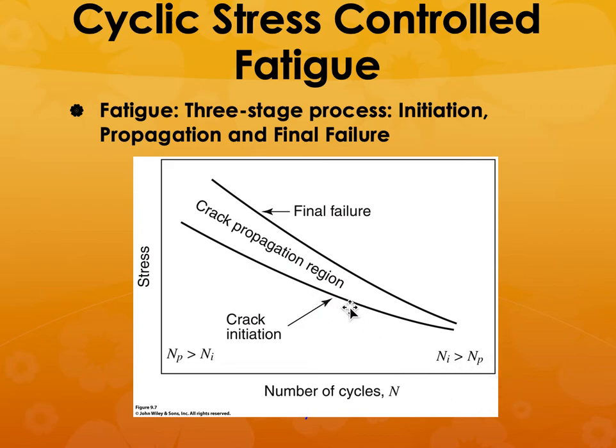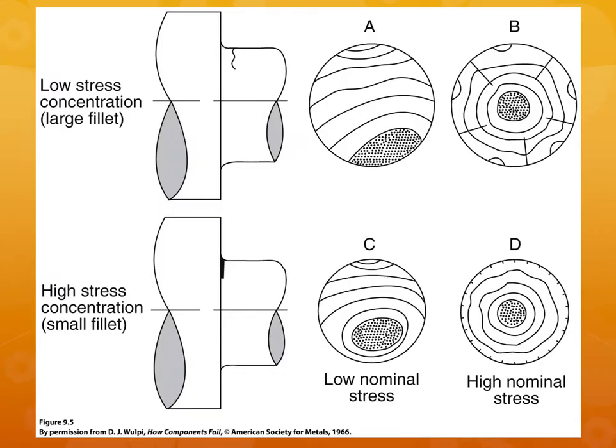So once the crack has initiated, typically the number of cycles for propagation will be less than, so in this case it might be less for initiation than propagation, but typically for most components, most materials, what you will find is that higher the stress, faster will be the initiation and faster will be the propagation.